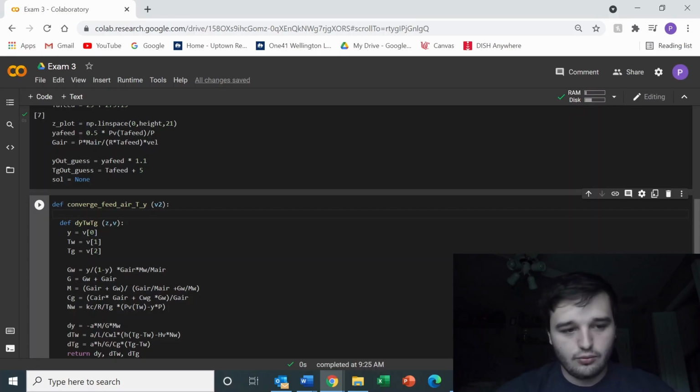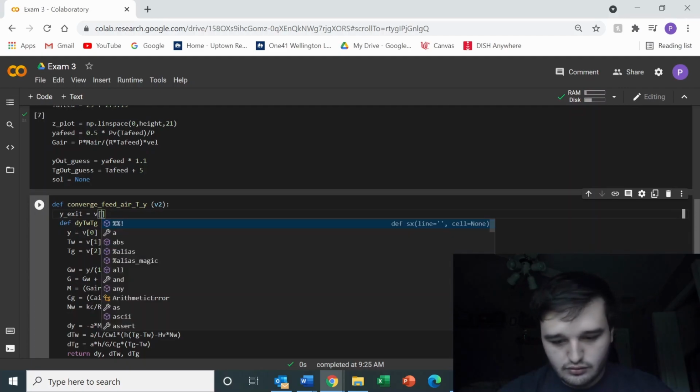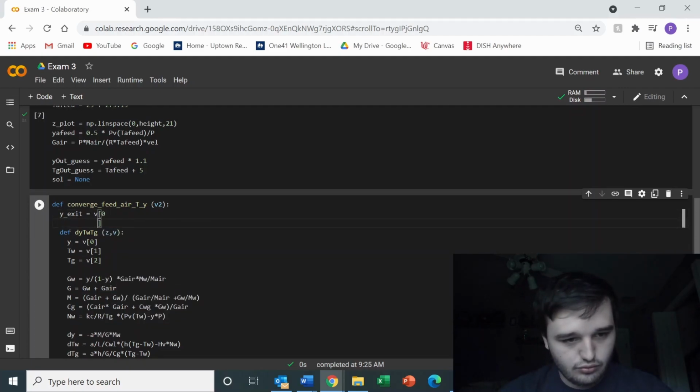Again, just like we did with the y, Tw, Tg in the first function, we're going to do the same thing and put those functions into the variable V. So we're going to say that the y exit, or the mole fraction at the exit, is equal to the first element, and that the temperature of the gas at the exit is going to be equal to the second element in that.